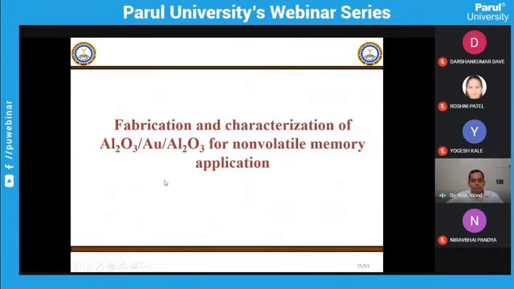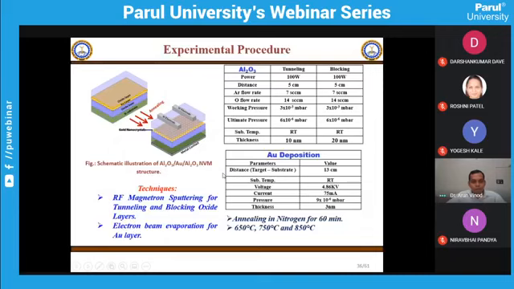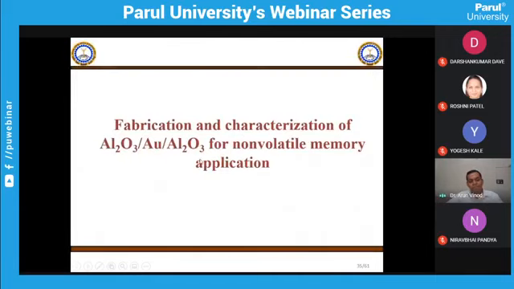In the case of Al2O3 gold Al2O3 formation, here we have deposited the Al2O3 layer. Instead of hafnium oxide and silicon dioxide, we are using another high dielectric oxide, which is aluminum oxide.